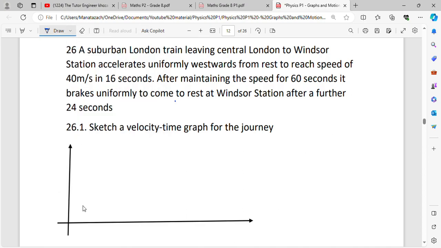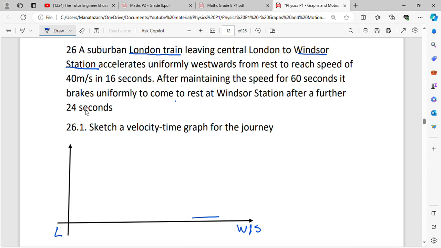So what do you have? You have the train starting at London, heading off to Windsor Station. So we're going to write London here, and then Windsor Station is this side.